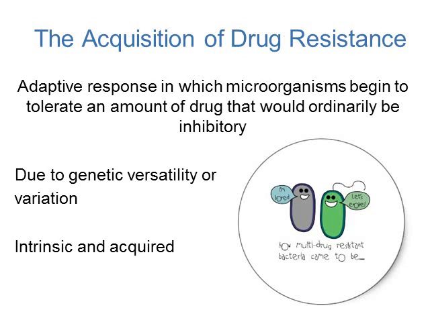This happens because bacteria have a lot of genetic versatility and variation in them, and this can be either intrinsic or acquired drug resistance. It could be a mutation that shows up, or they can acquire drug resistance from other types of bacteria.